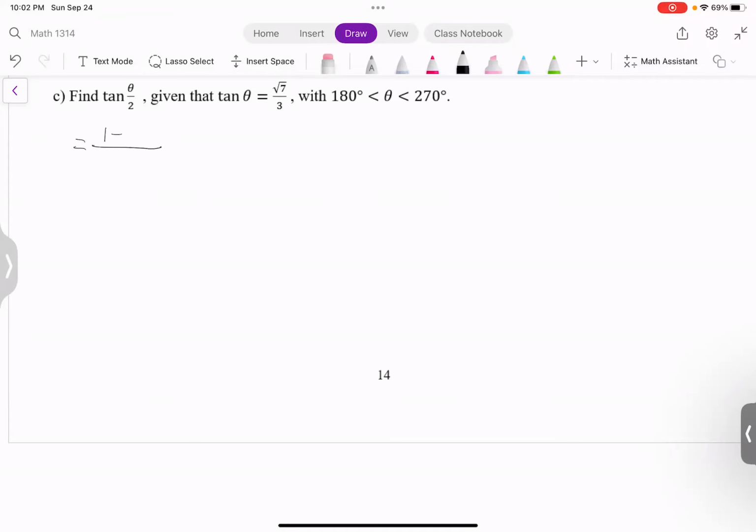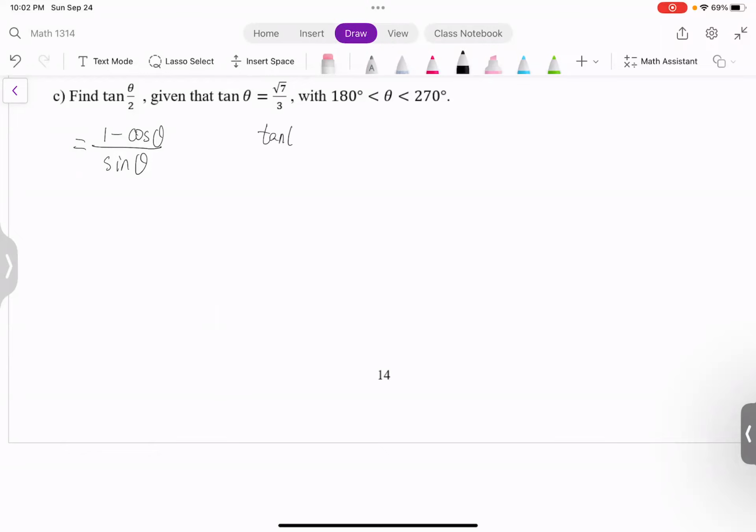It's (1 minus cosine theta) over sine theta. Okay, but the example has no sine and cosine given. It gives us the tangent theta. So how to find the cosine and sine theta from the tangent theta? We have learned that we can use the tangent theta.